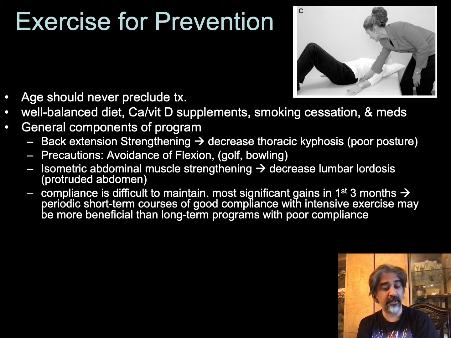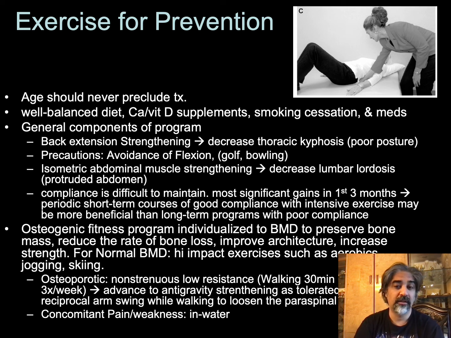These can be difficult to maintain, and you know what? It might actually be better to do a high-intensity, short-term program than it is to try and do a long-term program, because they have poor compliance. So an osteogenic fitness program is one where you're prescribing exercise to try and increase bone mineral density, improve the architecture, increase strength.